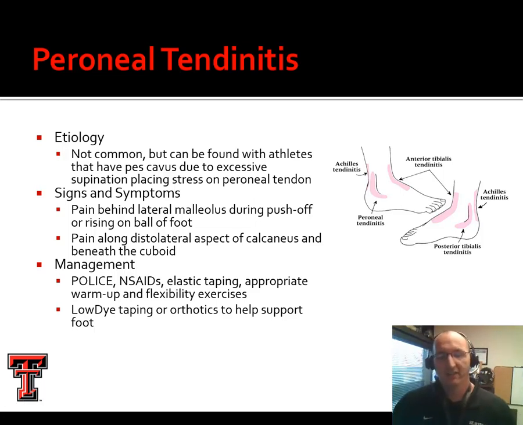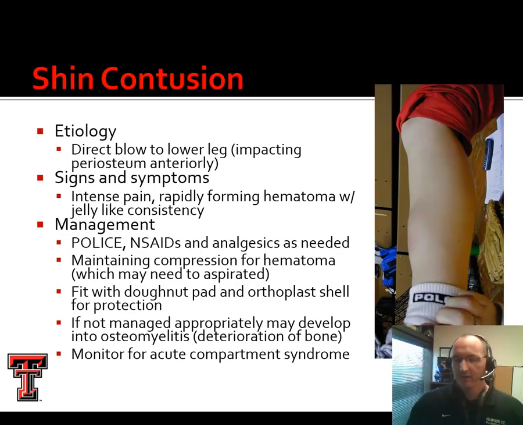May also have issues with this in an athlete that has a chronically unstable ankle. So management for all these tendon issues is very similar. The question is, where does it hurt? What are we trying to treat? A low-dye tape job or orthotics, either one can help provide some support.